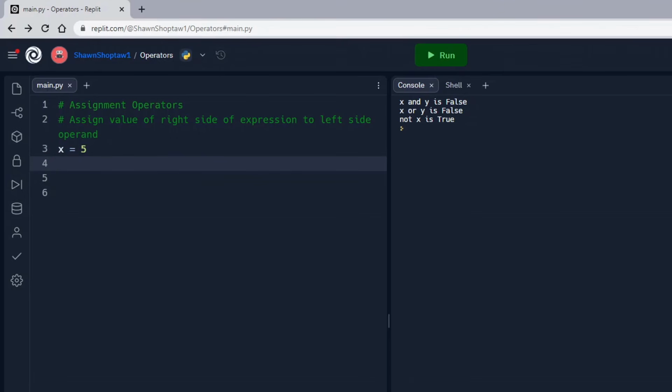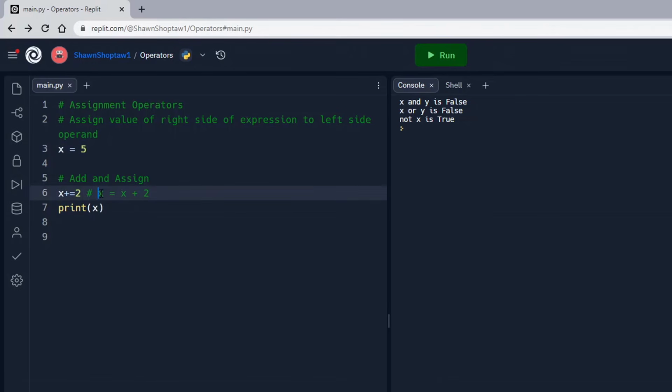The next one we're going to look at is add and assign. Now add and assign is going to look like this, which is x plus equal to 2, and that's equivalent to x equals x plus 2.